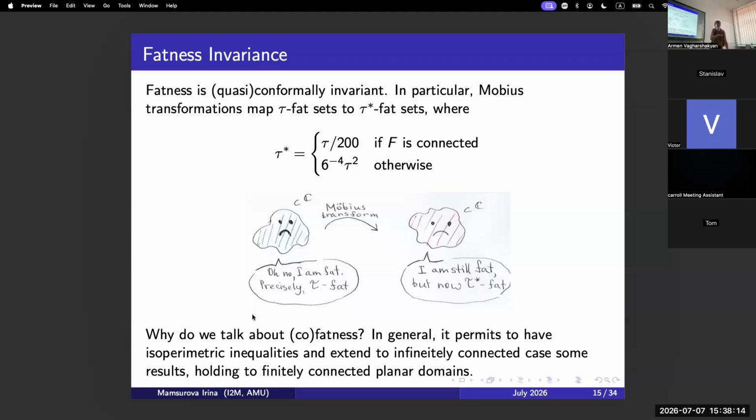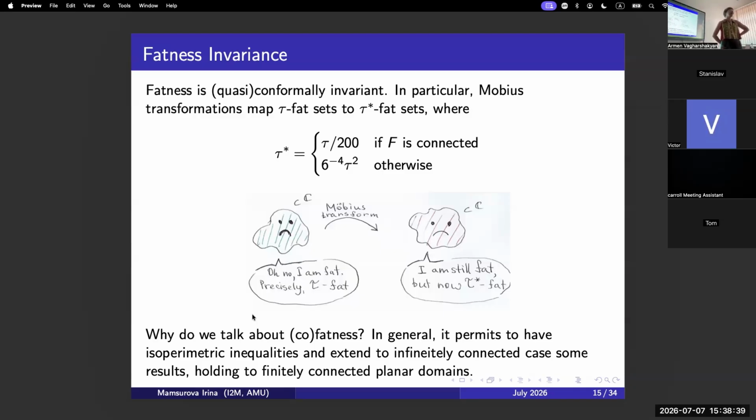There are too many questions. This is a very nice example. Imagine I start with the tau set, and I get my tau over 200 set, and then I can come back by another Möbius transformation, and the first one becomes tau over 4000.